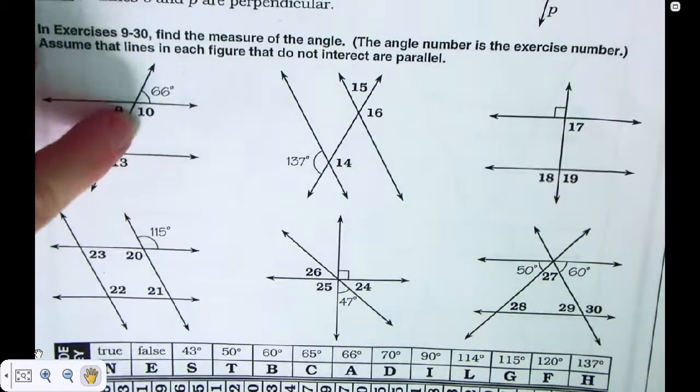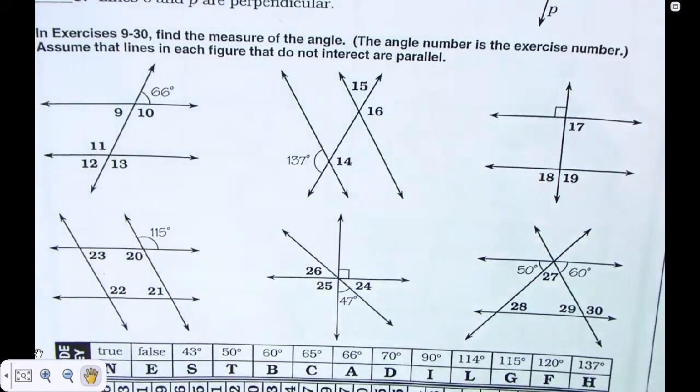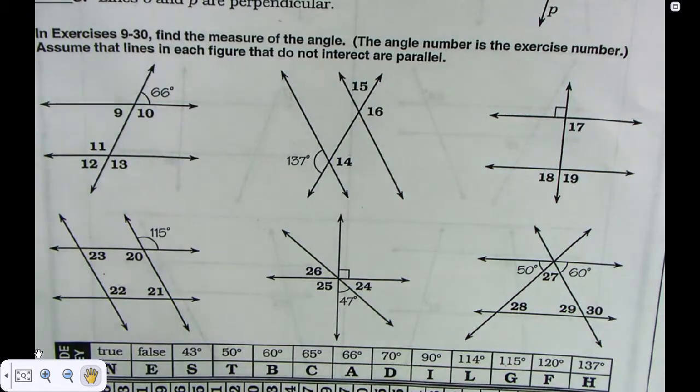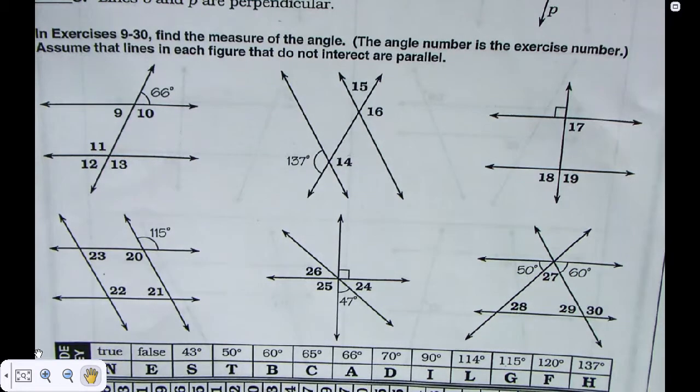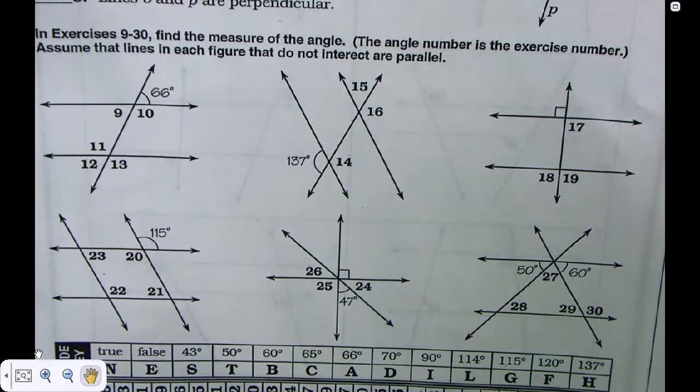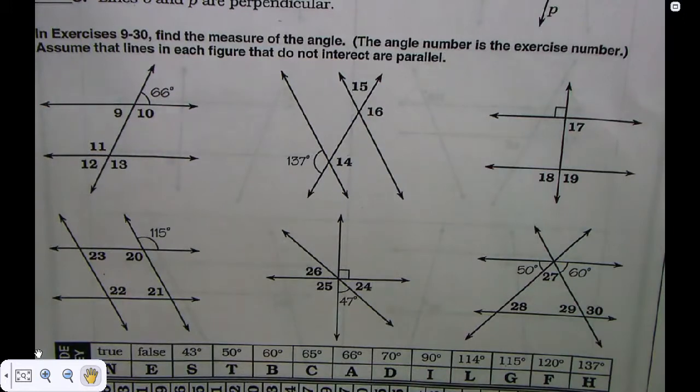So look at angle 10. Raise your hand when you know the measure of angle 10. Calculate, calculate, calculate. Show me on the calculator. Hold your calculator up when you get it. Well, I can't see yours, but just hold it up.